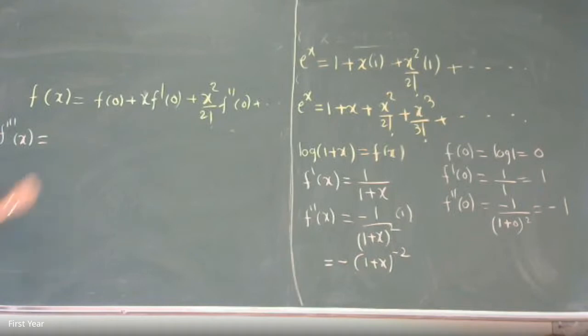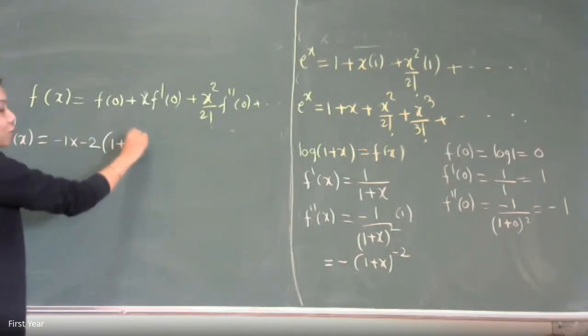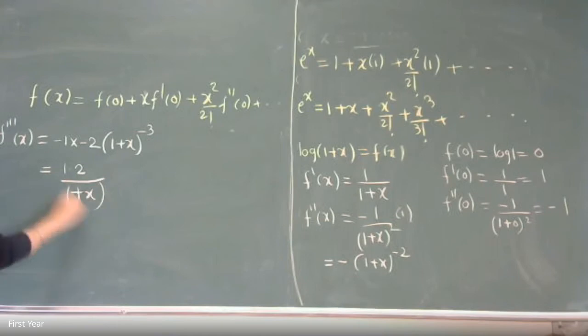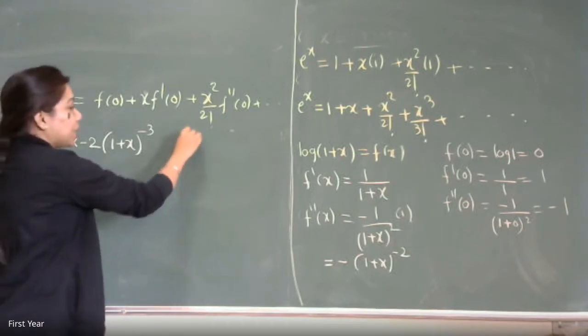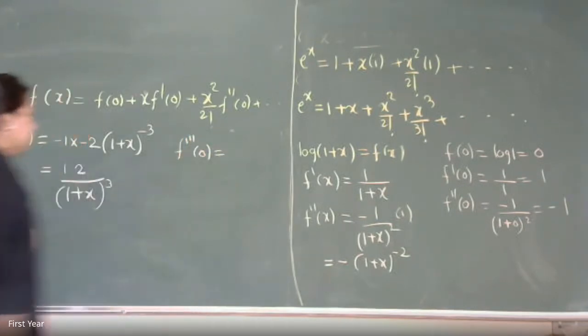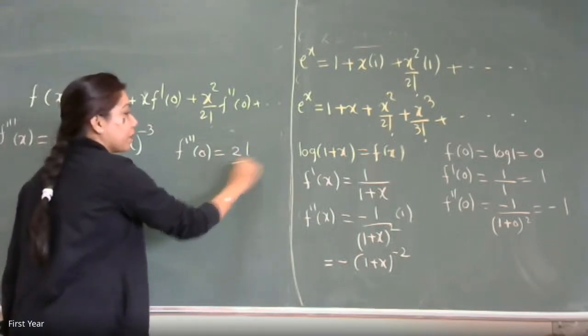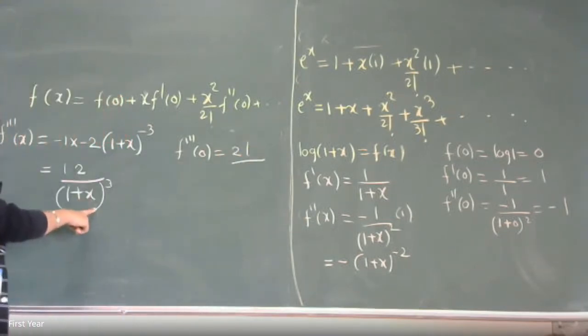So what will be one more derivative? Minus 1 into minus 2, 1 plus x raised to minus 3. So that is 1 into 2 upon 1 plus x raised to 3. So f triple dash at 0 will be nothing but, I'll write this 1 into 2 as 2 factorial, okay? Upon 1 plus 0 is 1, cube is 1. So f triple dash at 0 is 2 factorial.